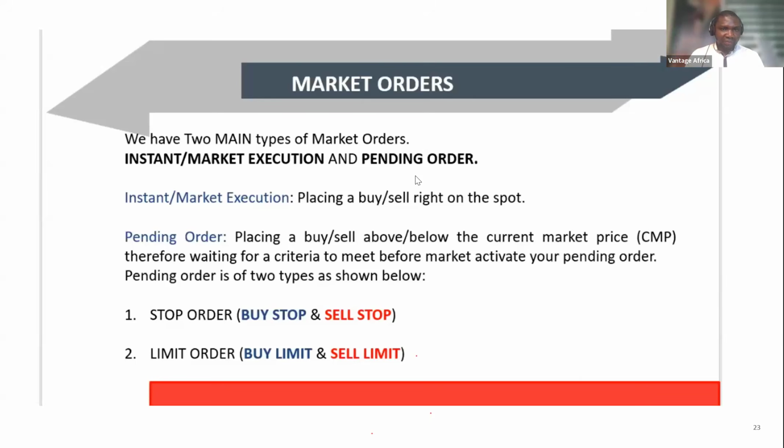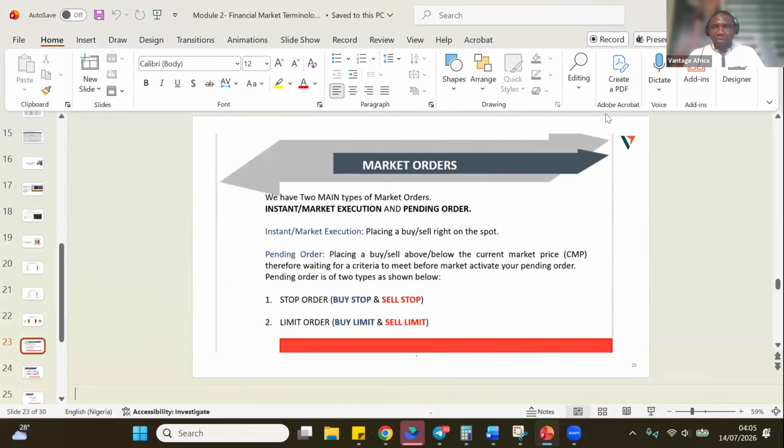If you have it, great, that's fine, but I'm talking about those who don't. Go to your App Store or Play Store right now and download MetaTrader 5. MetaTrader 5.